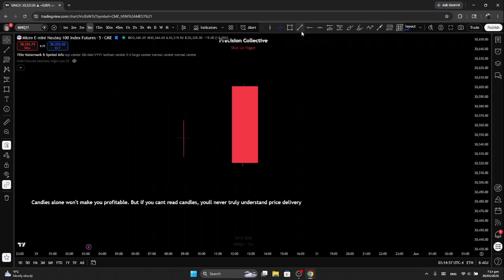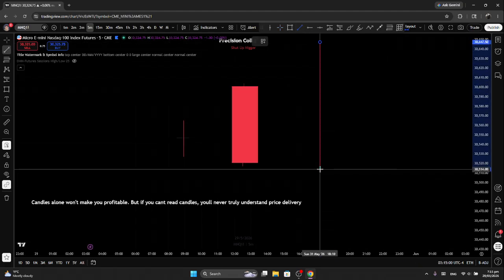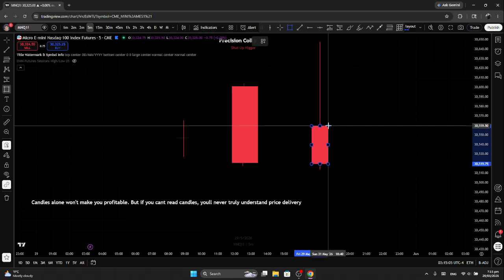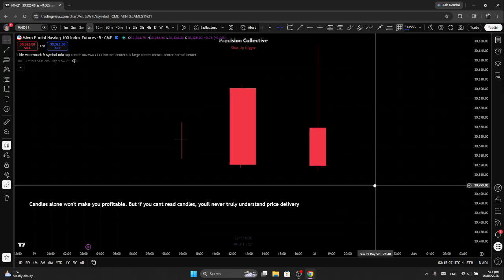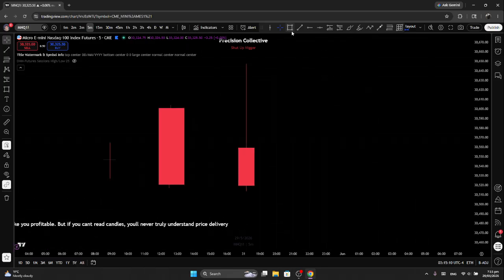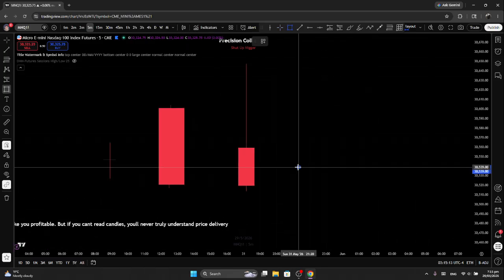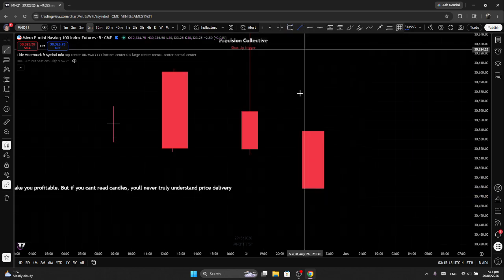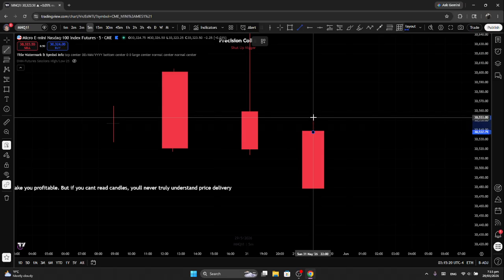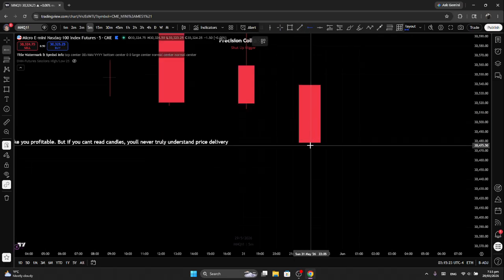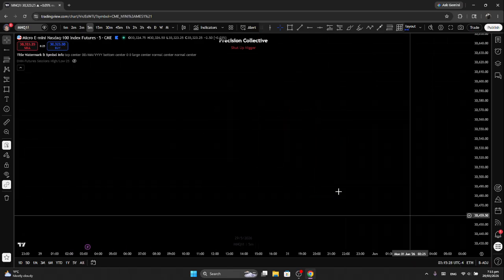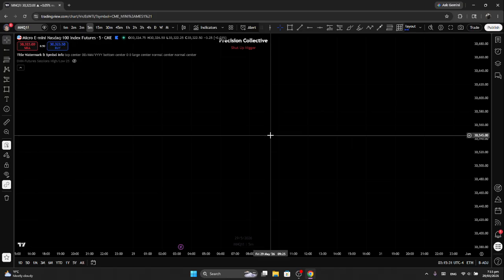I want you to find massive wick with small close and see how price reacts off of that. And then I want you to find a candle with either one wick or no wick at all, like that. Once you've done that, you can move on to step numero uno.